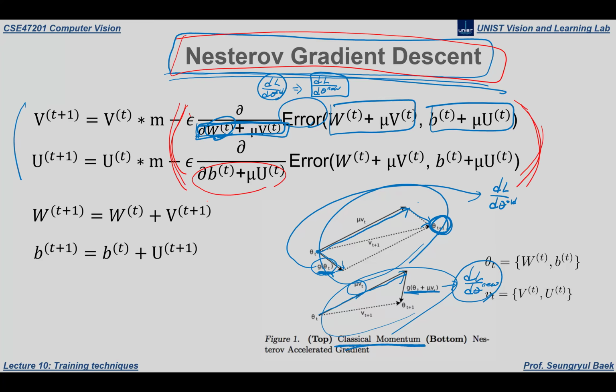Because there's a small mismatch between this variable and the parameters before the update, the gradient direction was not very accurate before, but by modifying this, the gradient directions become more accurate.